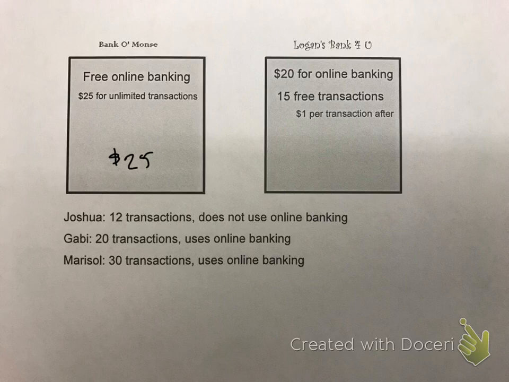However, at Logan's Bank, he's going to be able to waive that $20 fee for online banking because he doesn't use it, and he's under the 15 free transactions. He averages 12, so he's not going to pay anything for Logan's Bank. So the better situation for him would be to use Logan's Bank.